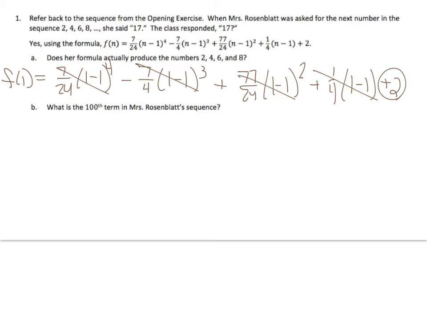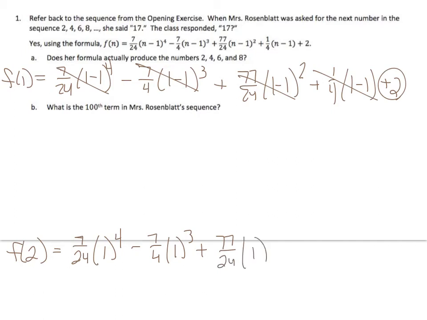Let's check it for f of 2. I'm not looking forward to this, are you? 7 over 24, 2 minus 1 is 1 to the 4th power. Minus 7 over 4, 2 minus 1 to the 3rd power. 77 over 24, 2 minus 1 squared. 1/4, 2 minus 1 plus 2.